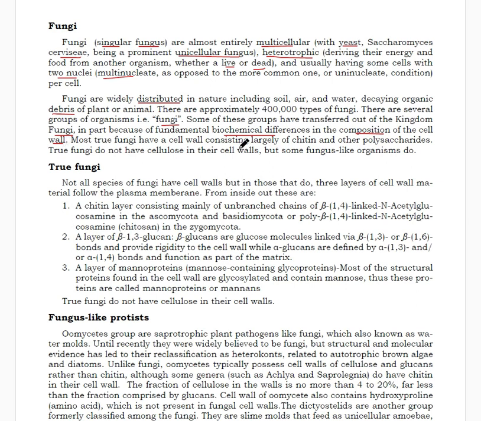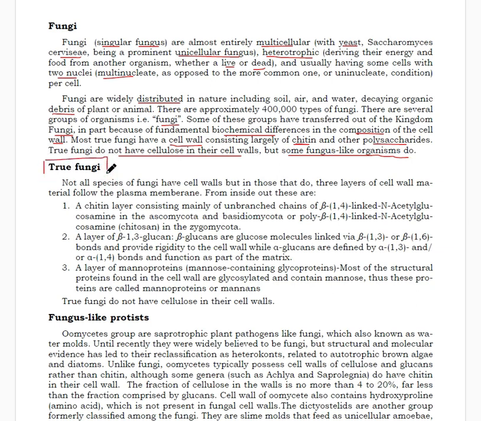Some of the true fungi have a cell wall which consists of chitin and other polysaccharides. True fungi do not have cellulose in their cell walls, but some fungus-like organisms do. Their cell wall is made up of chitin, but some fungus-like organisms have cellulose as well. So let's study true fungi.